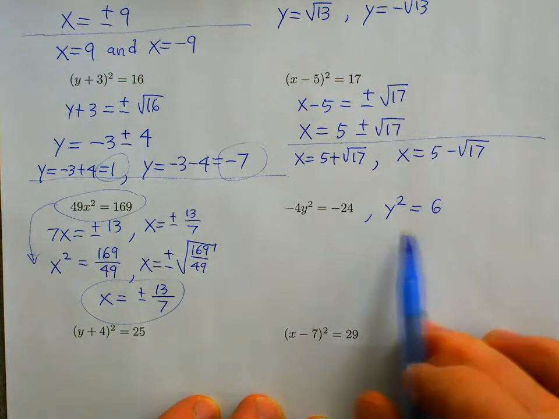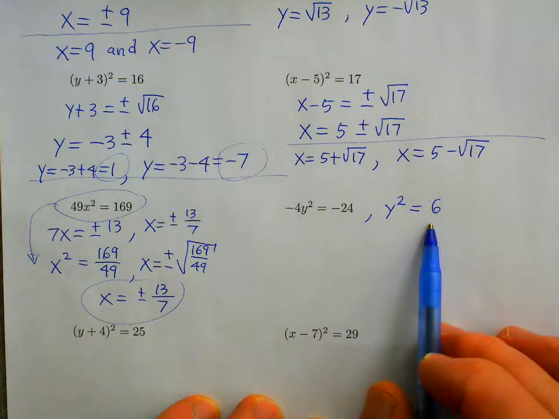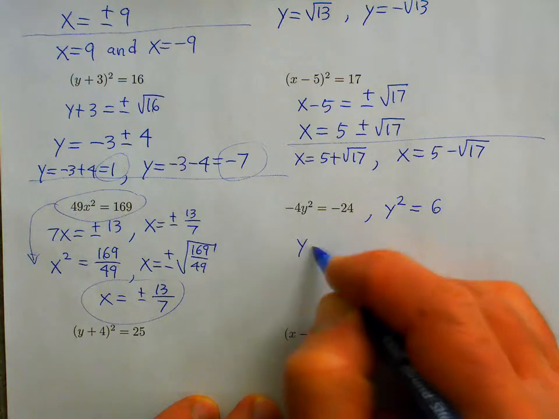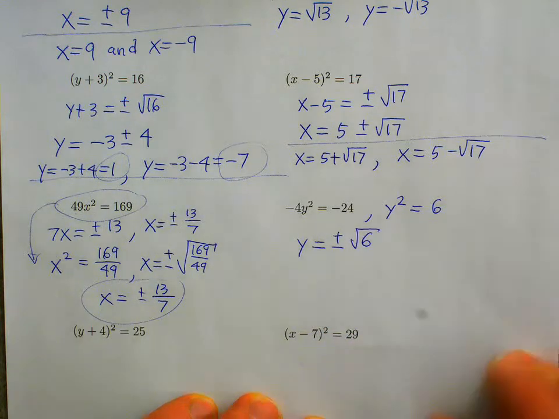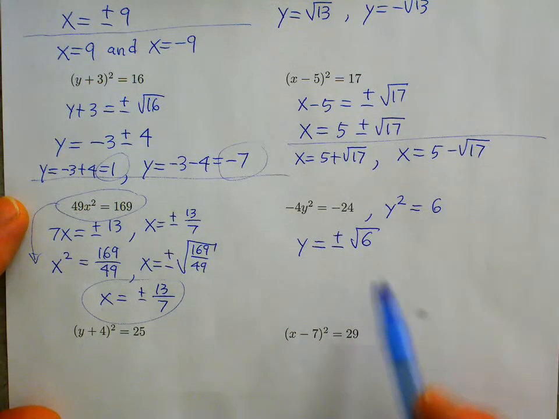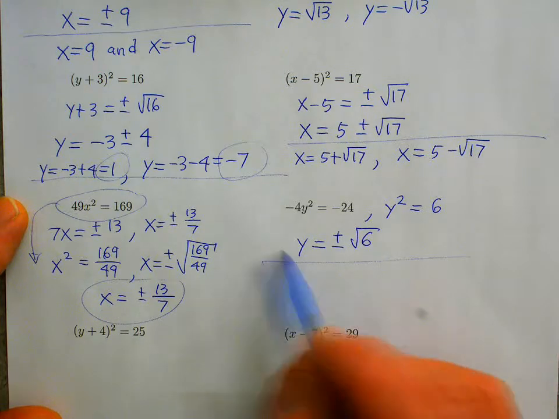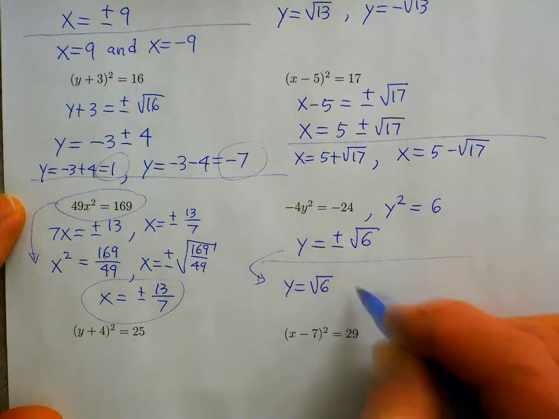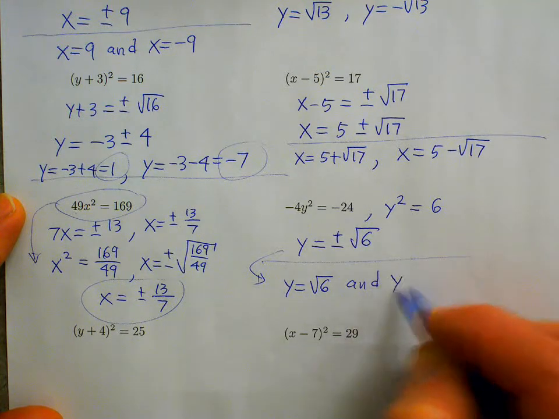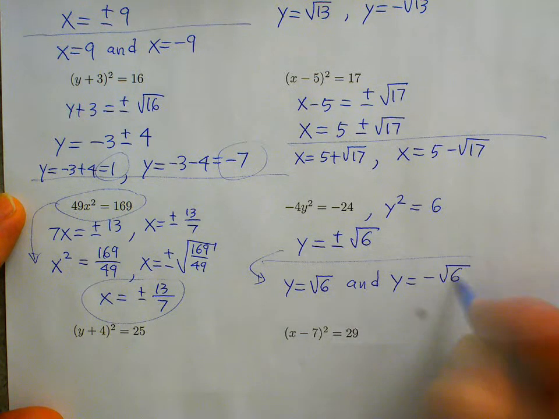And then apply the square root property. If y squared equals 6, y equals positive and negative square root of 6. If you want to write them separately, write them as y equals the square root of 6 and y equals negative square root of 6 for the two solutions.